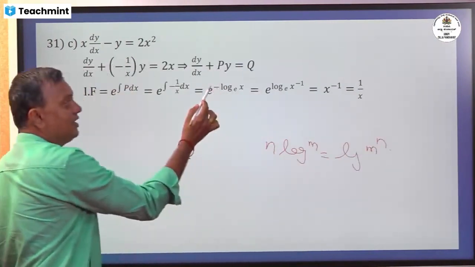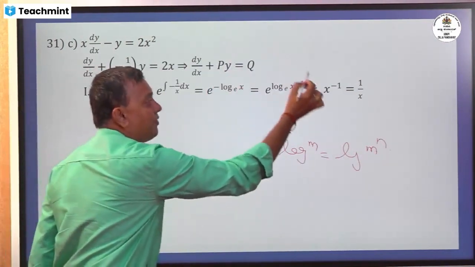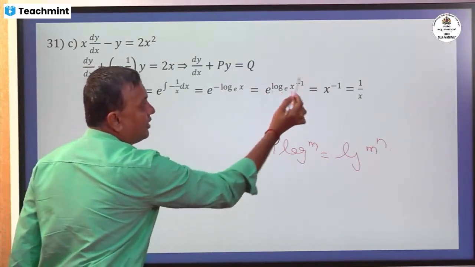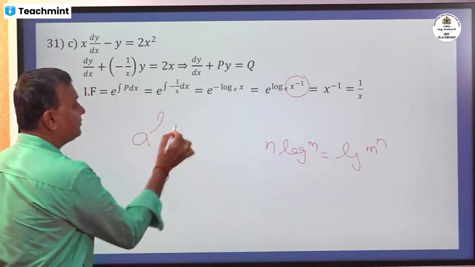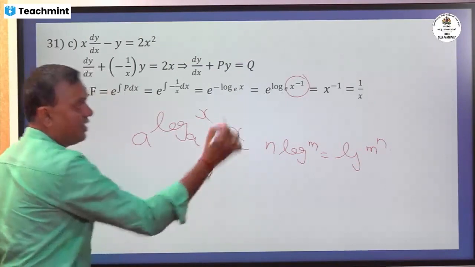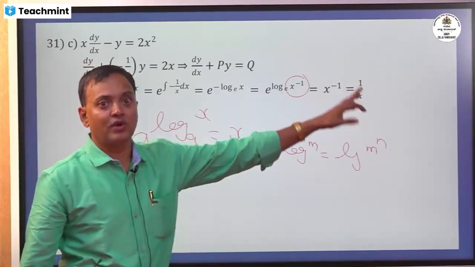So this is e power log x to the power minus 1. In exponential function and logarithm function, base equal, we get x power minus 1. Correct? a power log x to the base a is equal to x. So integrating factor is 1 by x.